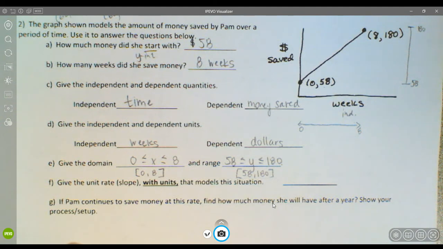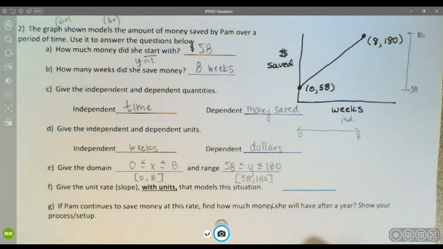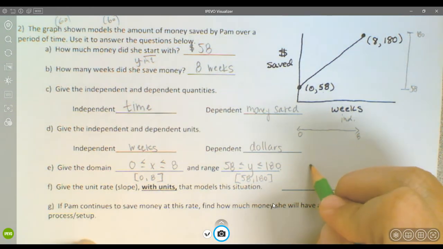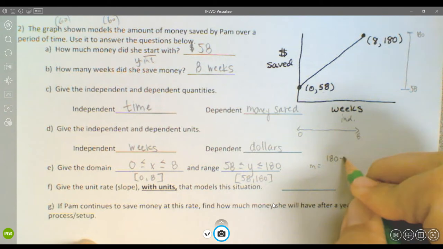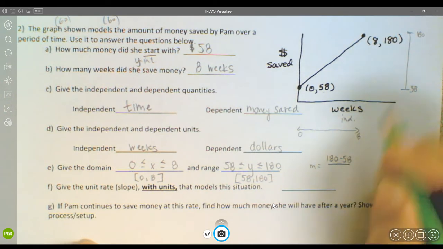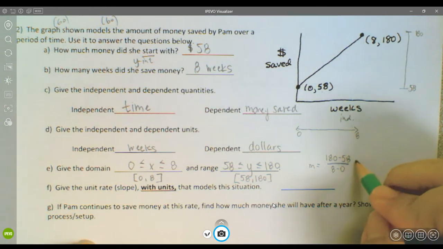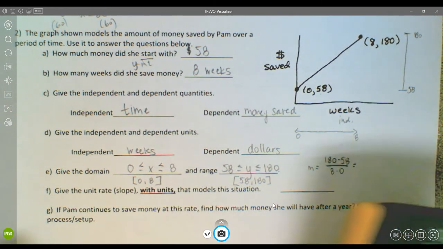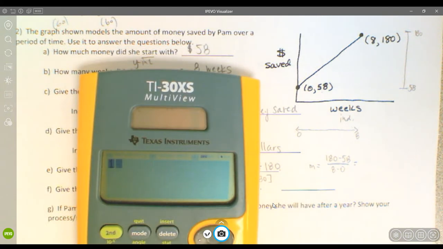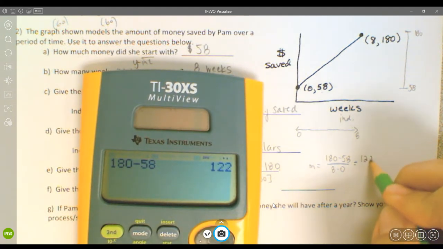Give the unit rate, the slope that models this situation. All right, so my slope is going to be 180 minus 58 divided by 8 minus 0. Let's get my trusty calculator out here. 180 minus 58 is 122.